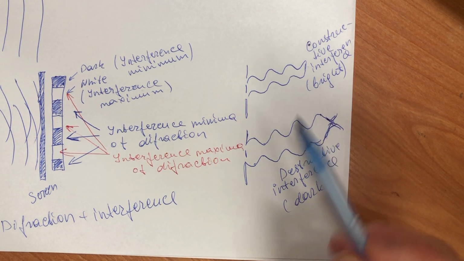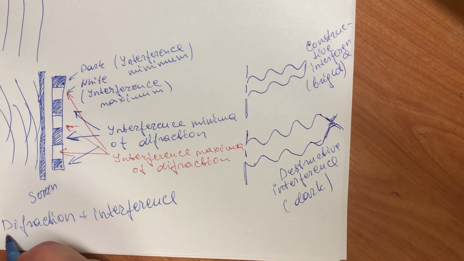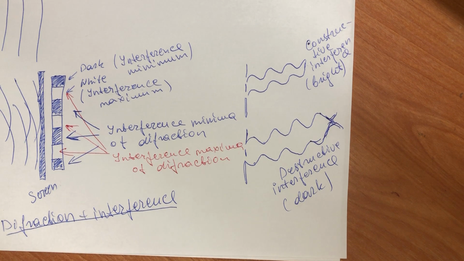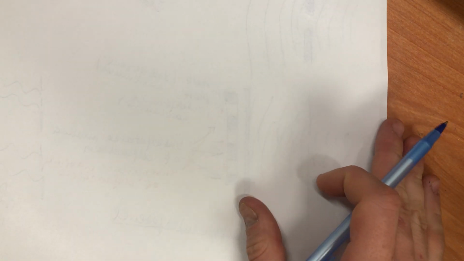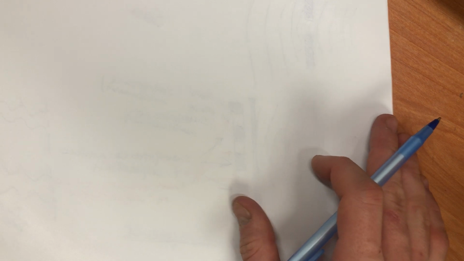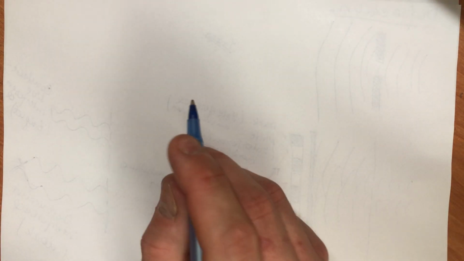So this occurs due to diffraction and interference, but sometimes it's called diffraction pattern. So, but they both occur. And the last thing that I wanted to tell you is that when the light goes through a hole, what's happening?